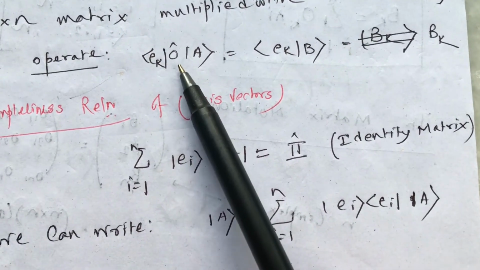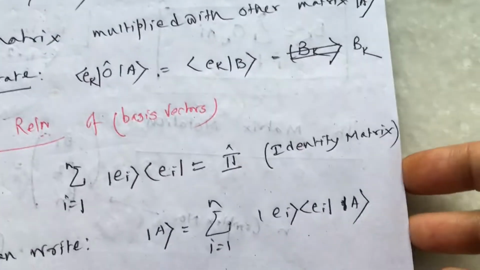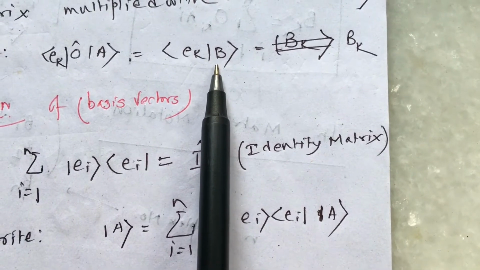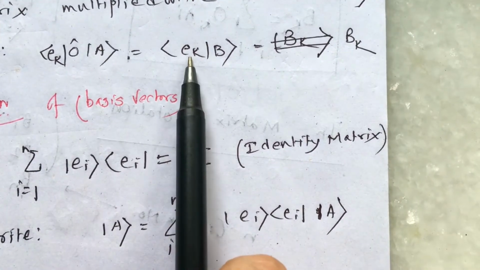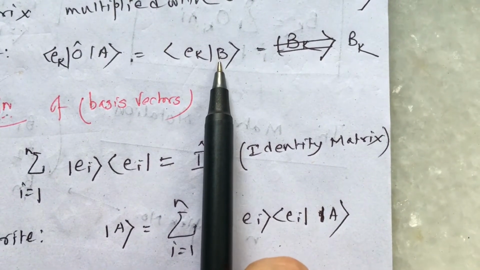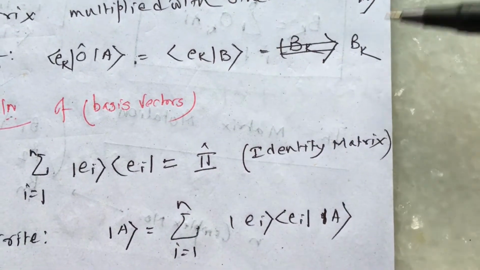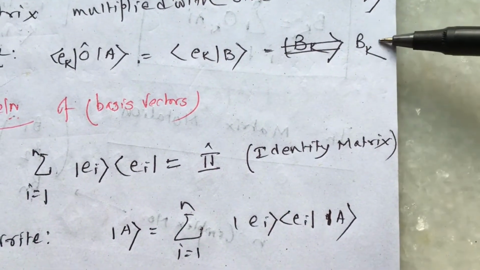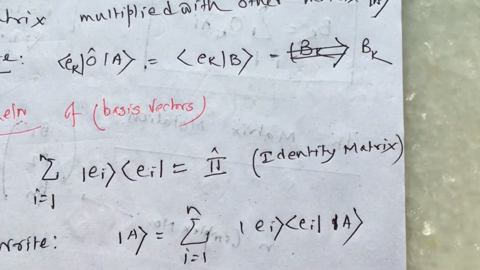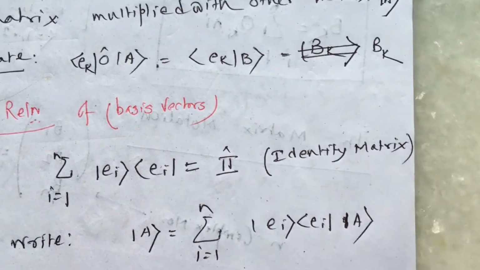From equation 1, O operating on A gives us B. So I can write B here, the ket vector B here, and bra Ek, that is in the basis Ek, the kth component, will give us the component Bk. This is a component of vector B. We have already discussed how to calculate components in any basis vectors.